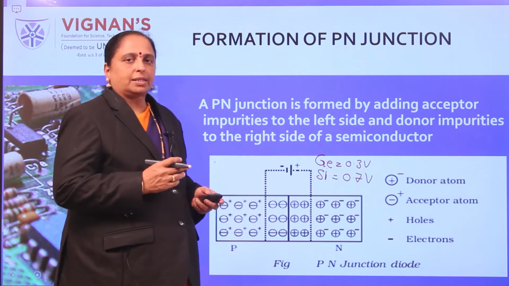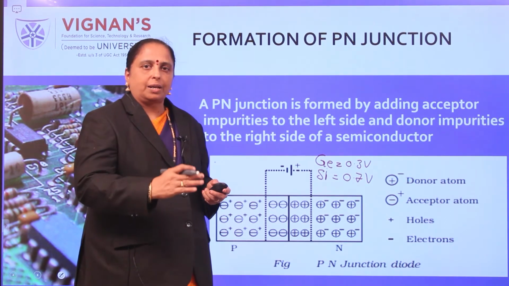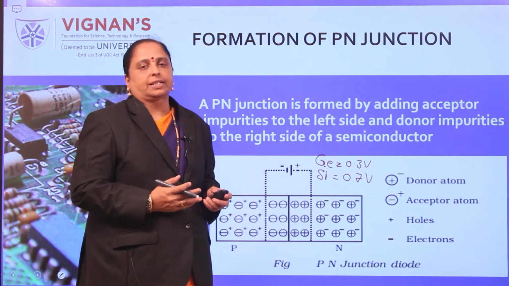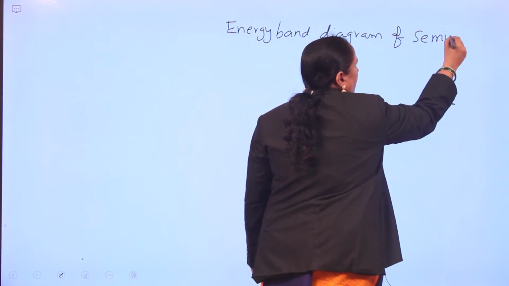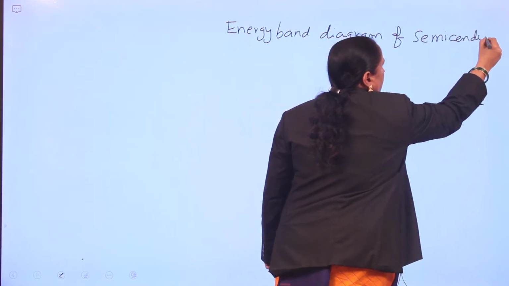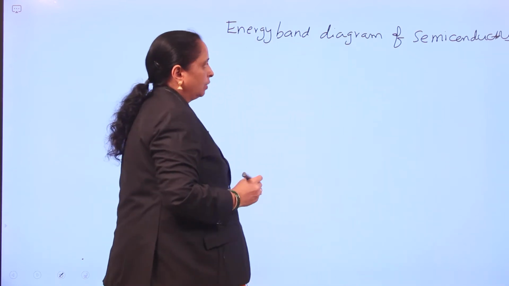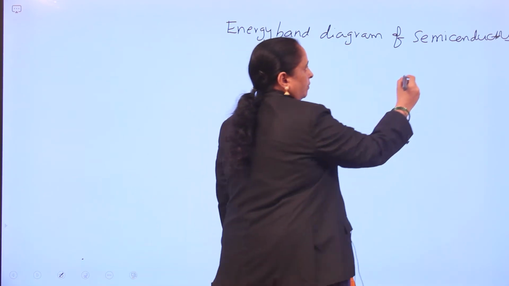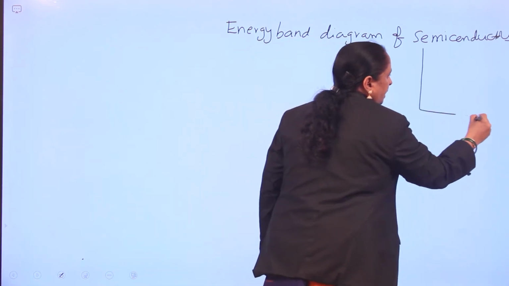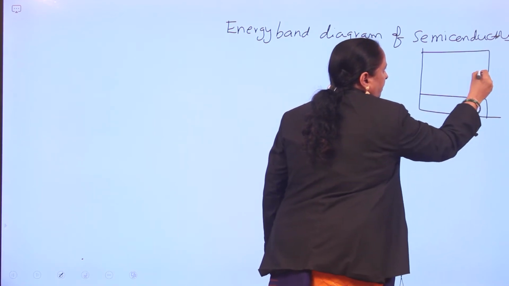Now let us see the energy band diagrams of P-type, N-type and also intrinsic semiconductors. First let us take the intrinsic semiconductor. In case of an intrinsic semiconductor, the energy band diagram is like this.